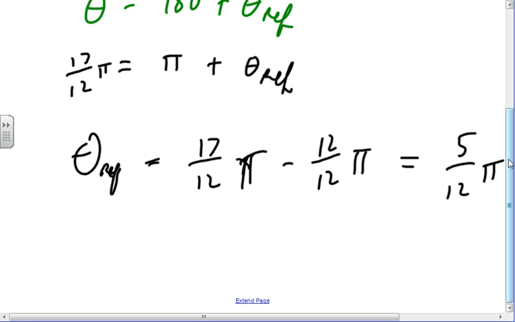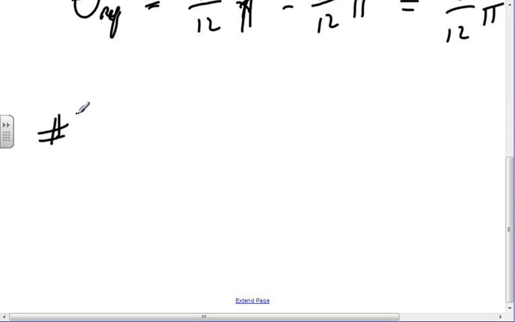Okay, 26. The cosine of 7 pi over 6. Now, I could change 7 pi over 6 to degrees and find its cosine, right? I could do that. Or I could take my calculator, go to mode, and change it to radians.